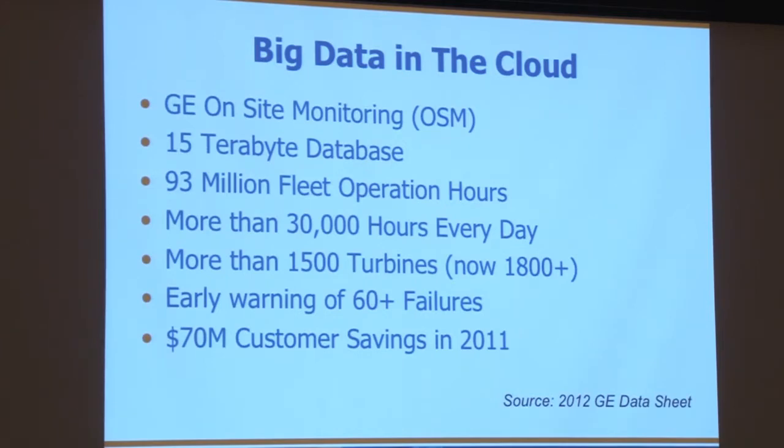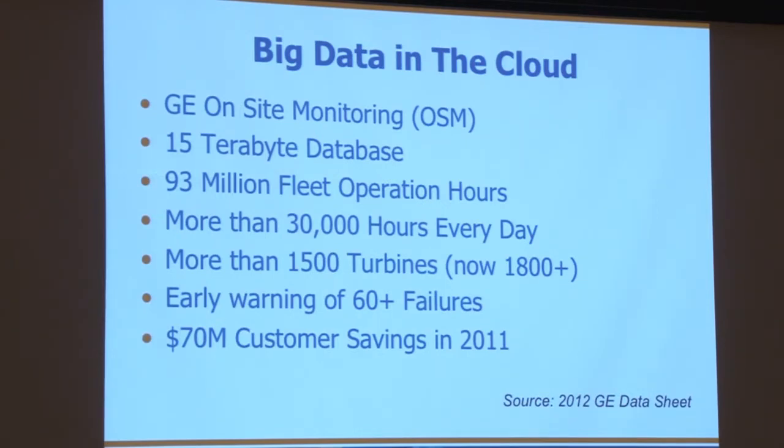Because GE, as you can see in the numbers up there, is getting a tremendous amount of information about the turbine performance. So they, for example, can decide how they should improve their product in the future, or what other features or service offerings they should do in the future.